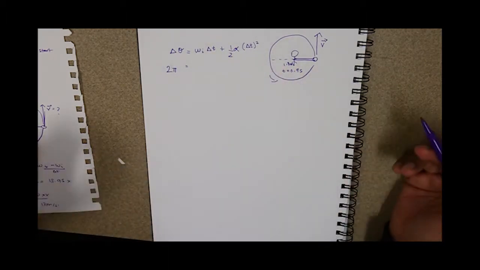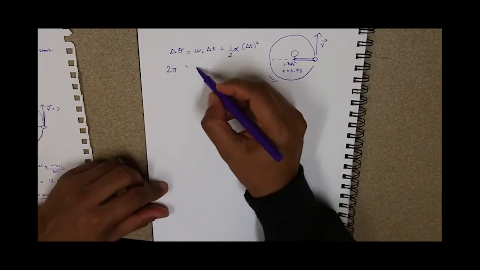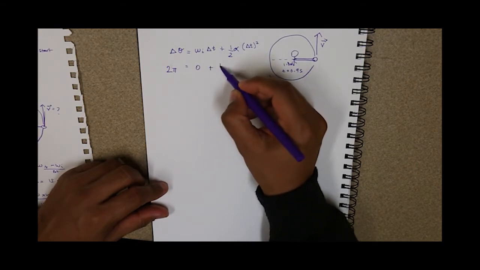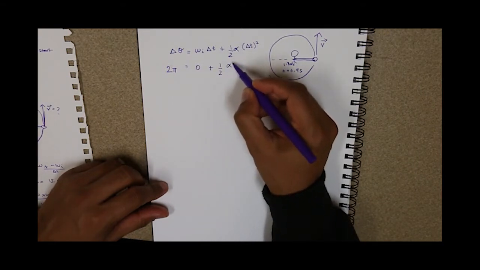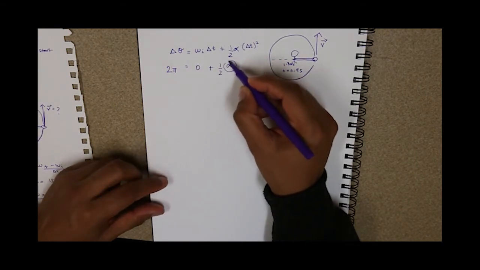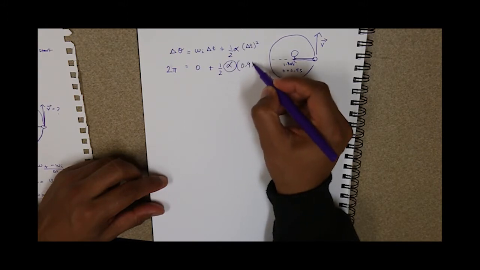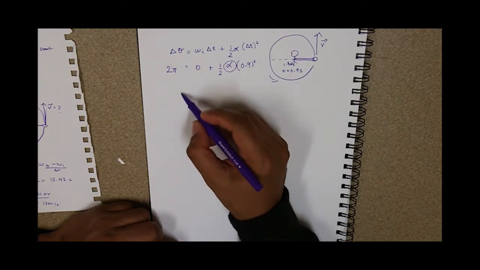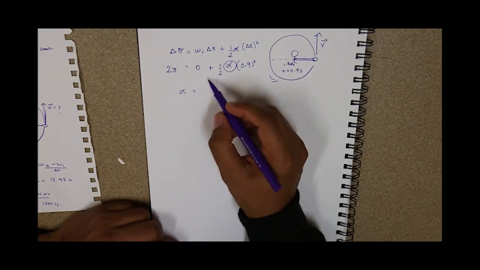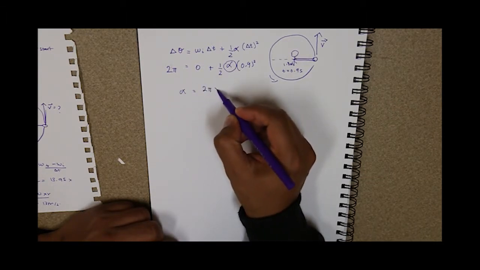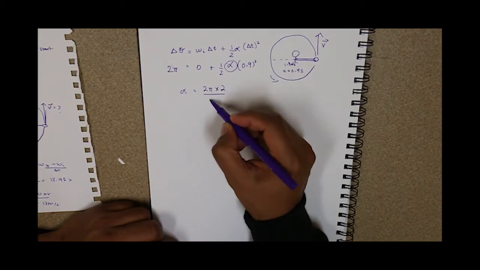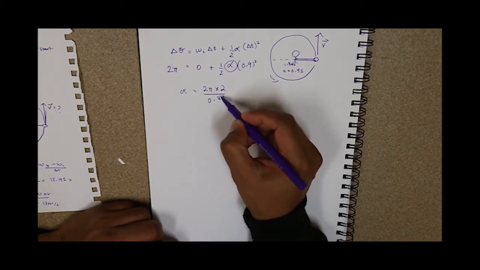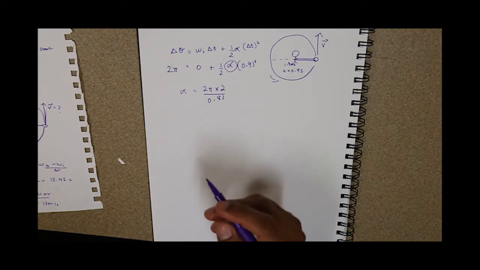We know our initial velocity is 0, since he started from rest, plus half the angular acceleration, which is what we're trying to find, and our change in time is 0.9, the whole squared. So doing our algebra, we end up with 2 pi times 2 over 0.81, and that's our angular acceleration.